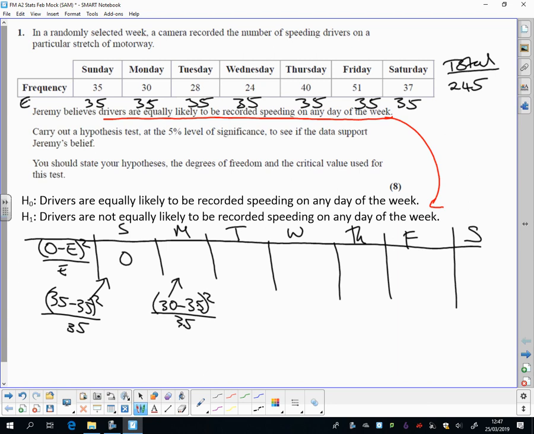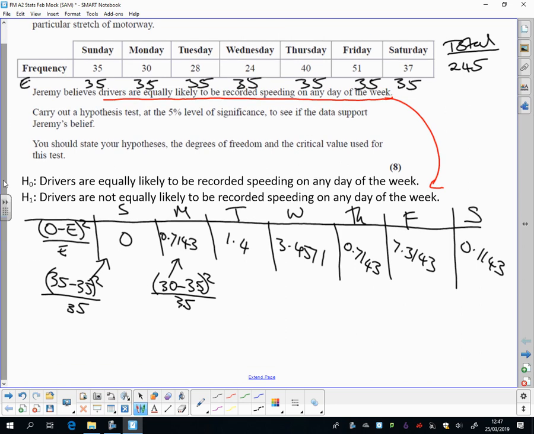And if you've got a graphical calculator, you can get your calculator in your stats mode to generate all these for you. If you go to a chi-squared goodness of fit test and set up some lists, you can look that up in your calculator manual. Okay, you might see these called the contributions.